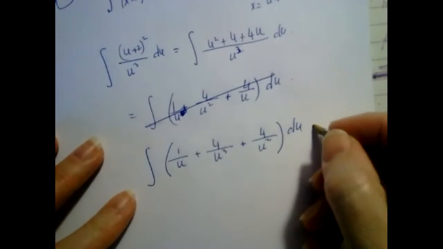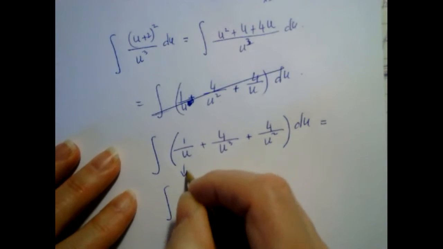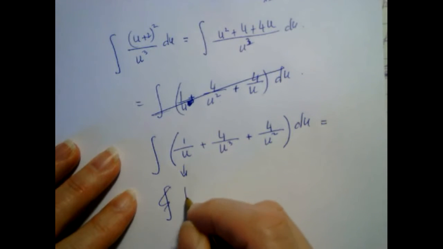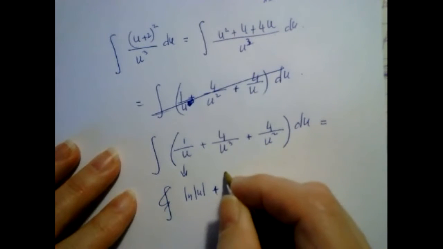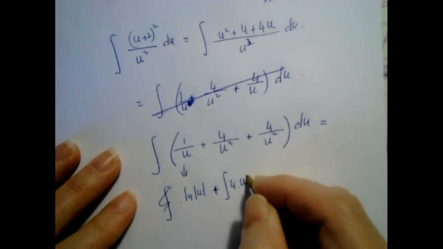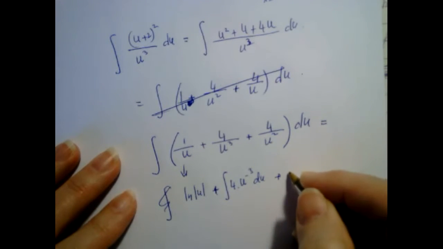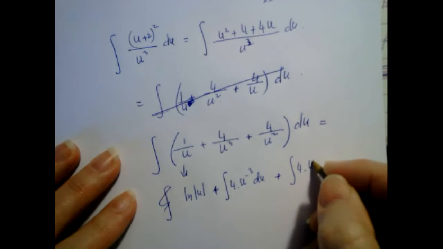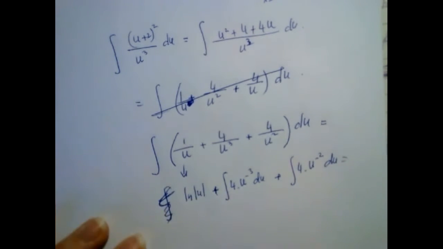And now we can integrate. So we can do this problem in a different way because I think that's easier. This will give me the ln of u plus this one. I have to rewrite it as 4u to the minus 3 du. And this one has to be rewritten as 4u to the minus 2 du because those are not log terms.